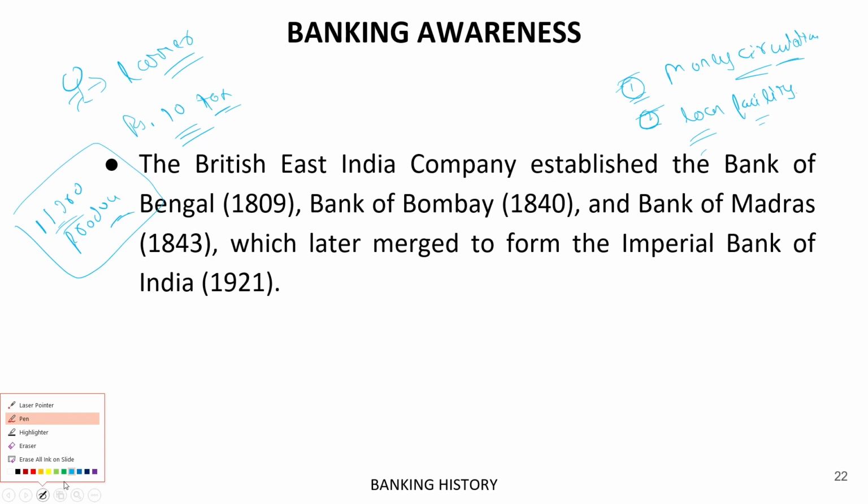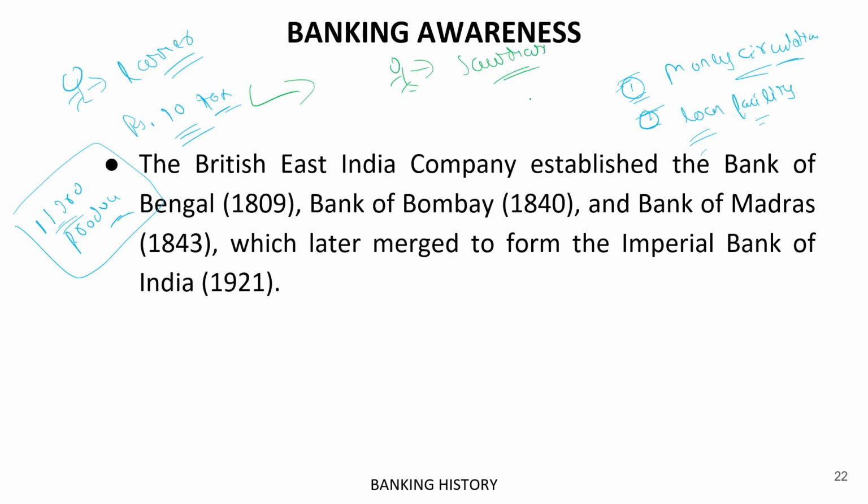So what did they have to do? They had to move to the person known as the Sahukar, basically the moneylenders, who used to give them the money so that they could pay the tax and discharge their liabilities.